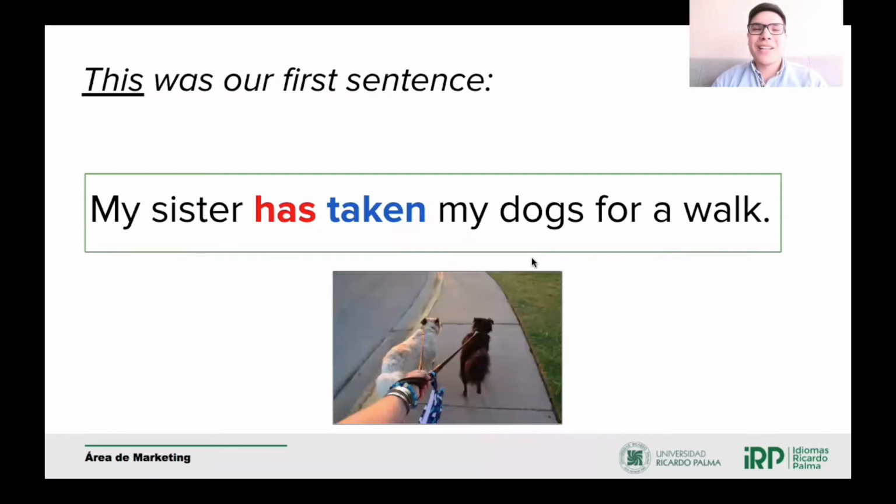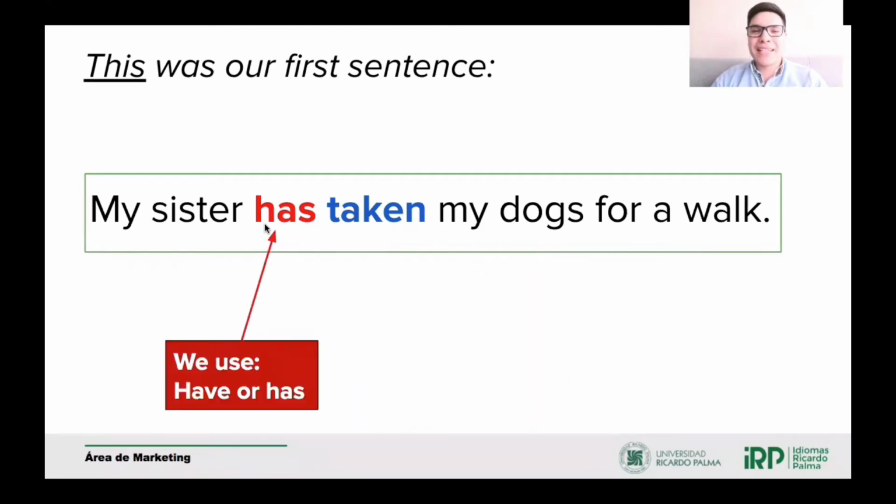Now let's look at our first sentence. The first sentence was, my sister has taken my dogs for a walk. Let's take a look at the red word has. When we create the present perfect, we're going to use has or have. In this case, we have my sister.